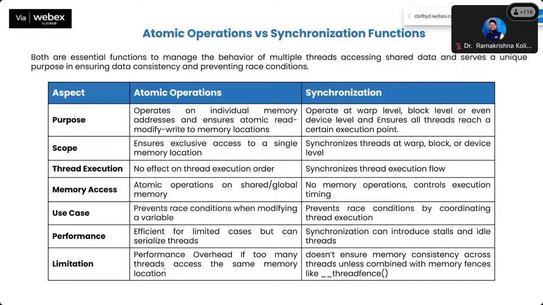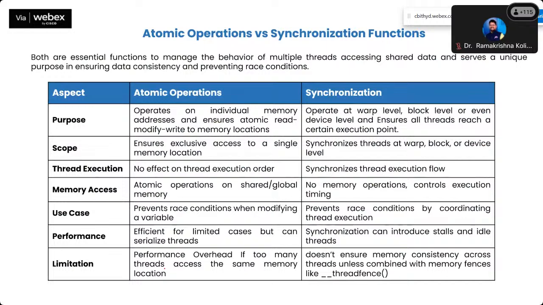If one thread has got access to that memory location, then another thread cannot access, read, write, or modify that memory location until the previous thread has released it. Similarly, synchronization is basically thread management.